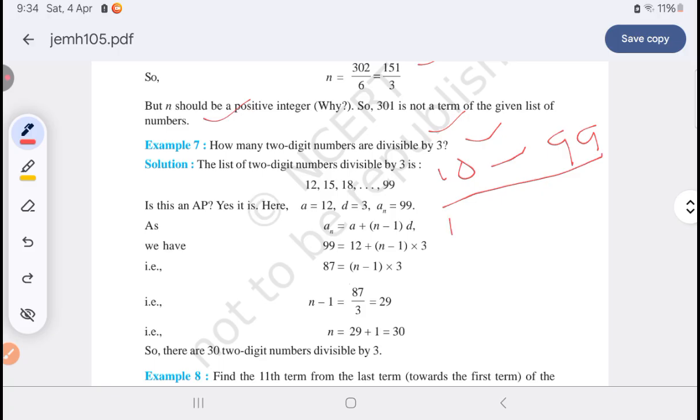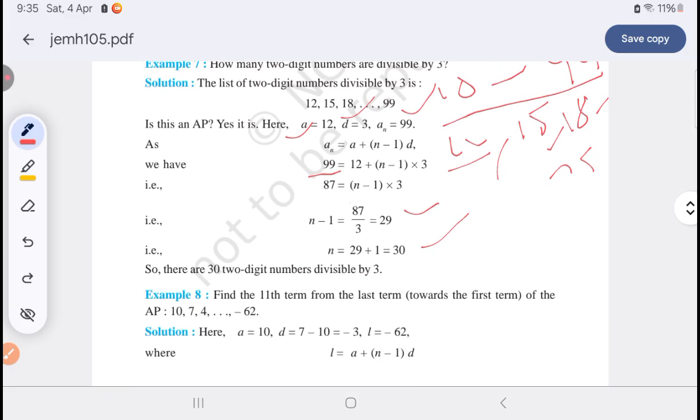So starting number will be 12, then 3 fives are 15, then 18, and so on up to 99. So you got A is 12, common difference is 3, and you know the last number, 99. So you can find how many numbers are divisible by 3. You can find n equal to 30. So there are 30 numbers divisible by 3.